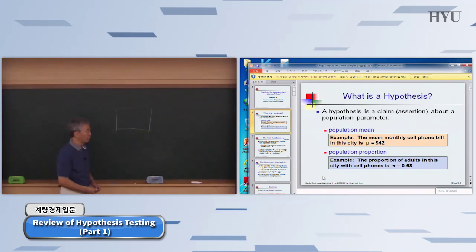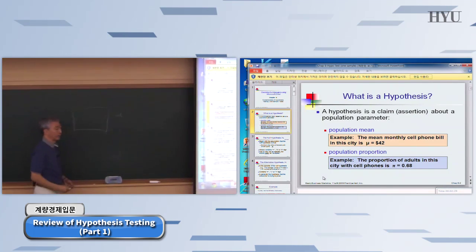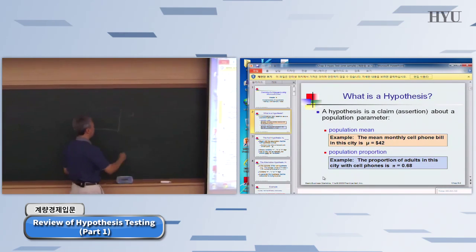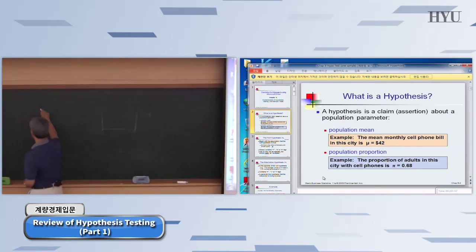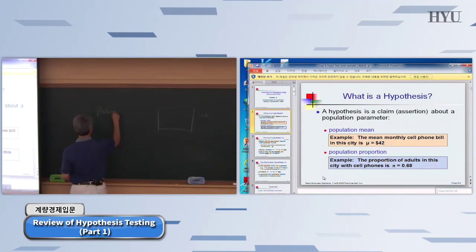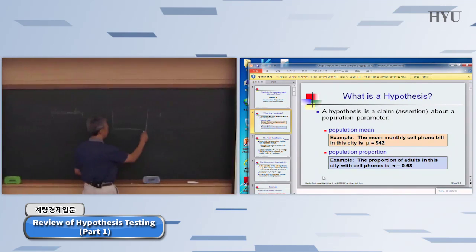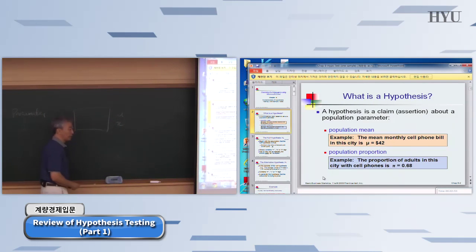So what we are looking for is, say, average height, what we call the population mean, or population parameter. Typically mean, proportion, or sometimes standard deviation.